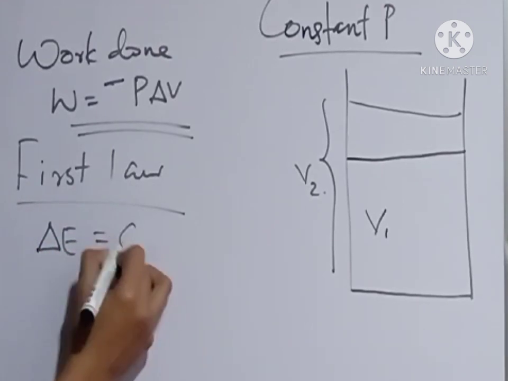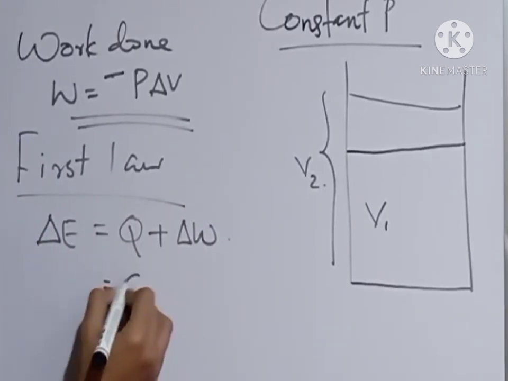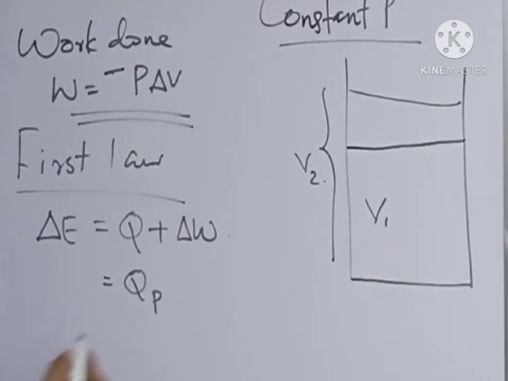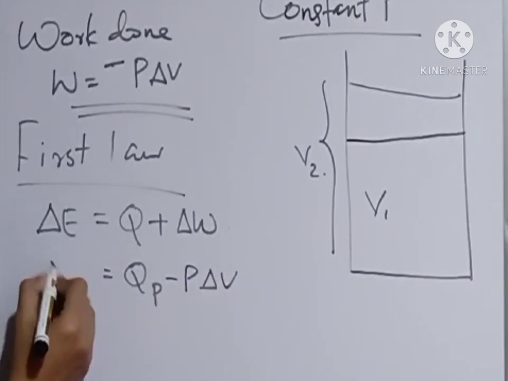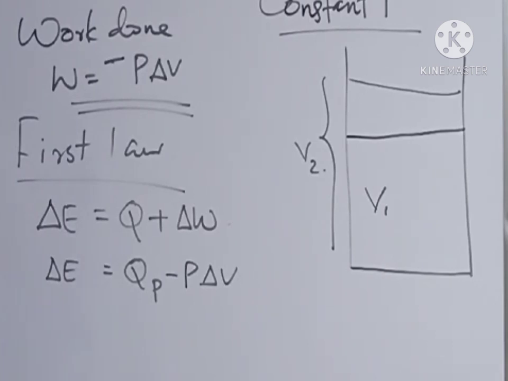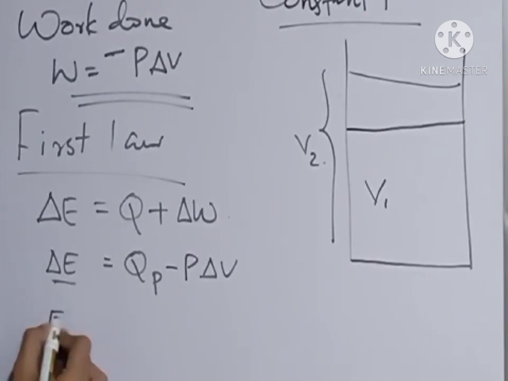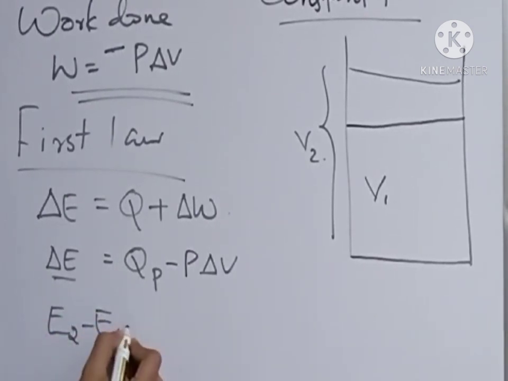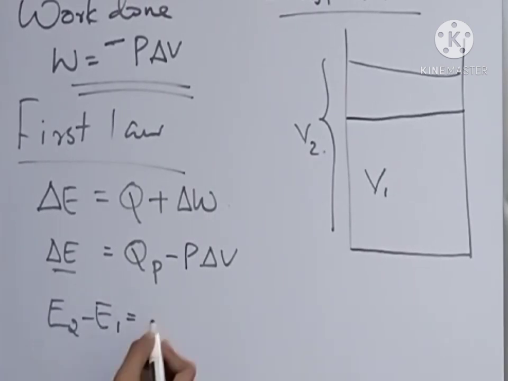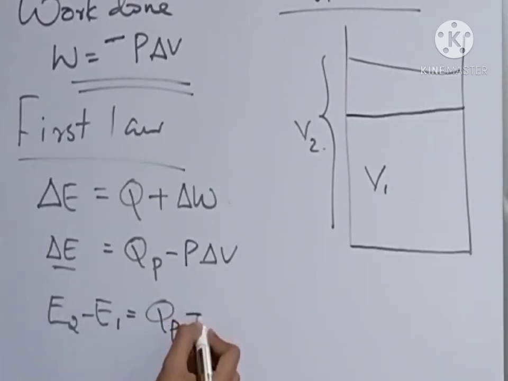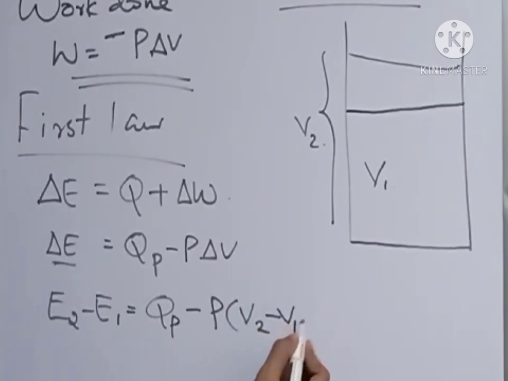delta E equals Q plus W. Here we can write Q as Qp since the system is at constant pressure, and W as minus P delta V. That is delta E equals Qp minus P delta V. Here I am going to rewrite delta E as E2 minus E1, the final energy as E2 and the initial energy as E1, and delta V is rewritten as V2 minus V1.